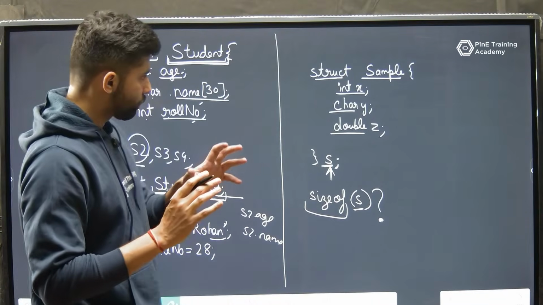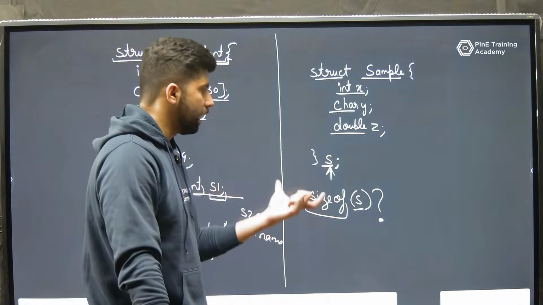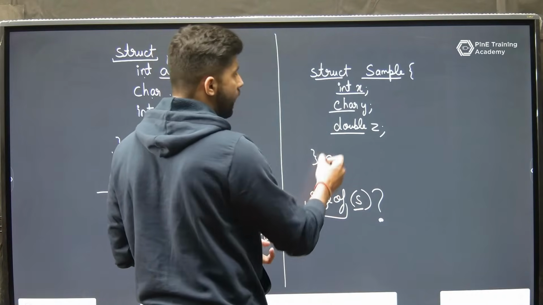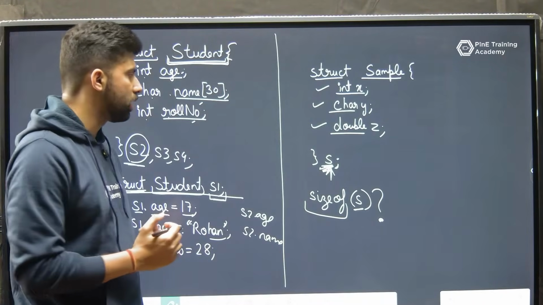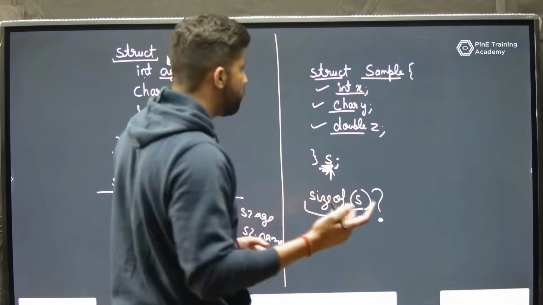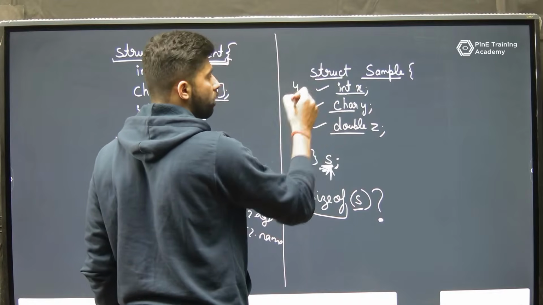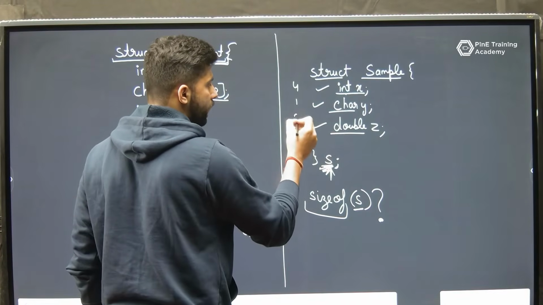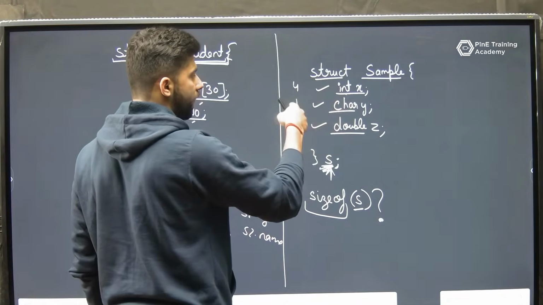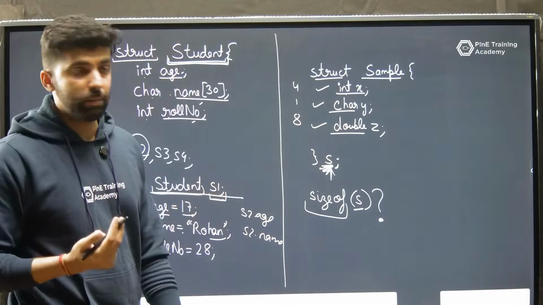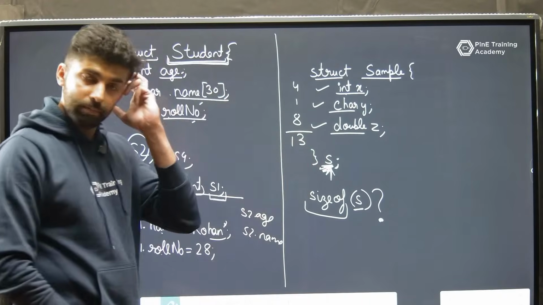Now the first thing that comes to students' minds is that since s has three different data types, I can simply add the sizes of these individually. So int takes 4 bytes, char takes 1 byte, and double takes 8 bytes. If you just add them, the answer will be 13, right?